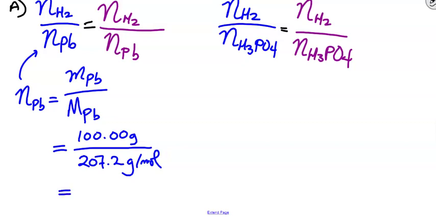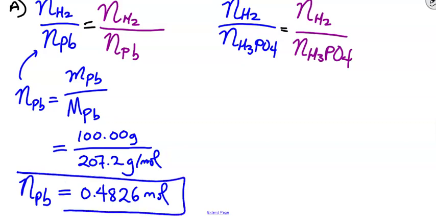And based on this calculation, that leaves us 4 significant digits. So 0.4826. That's the value that's going to go into that calculation.